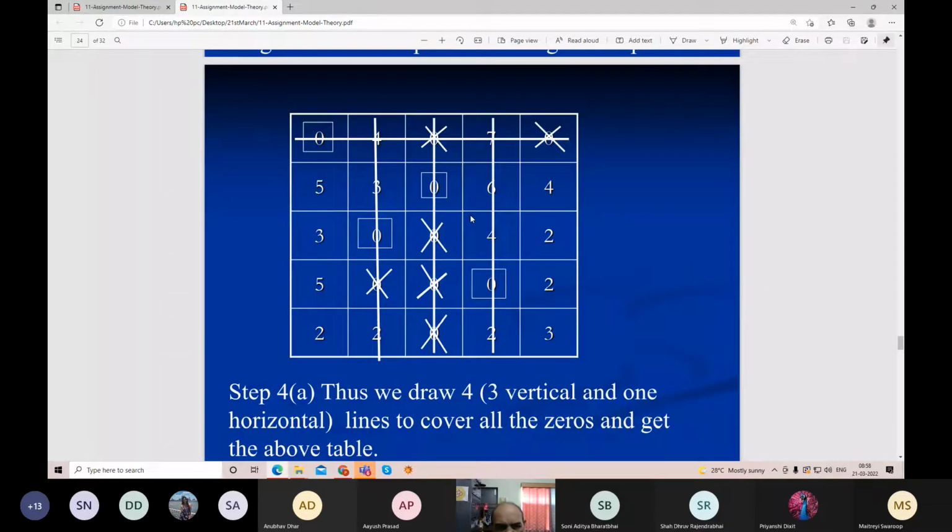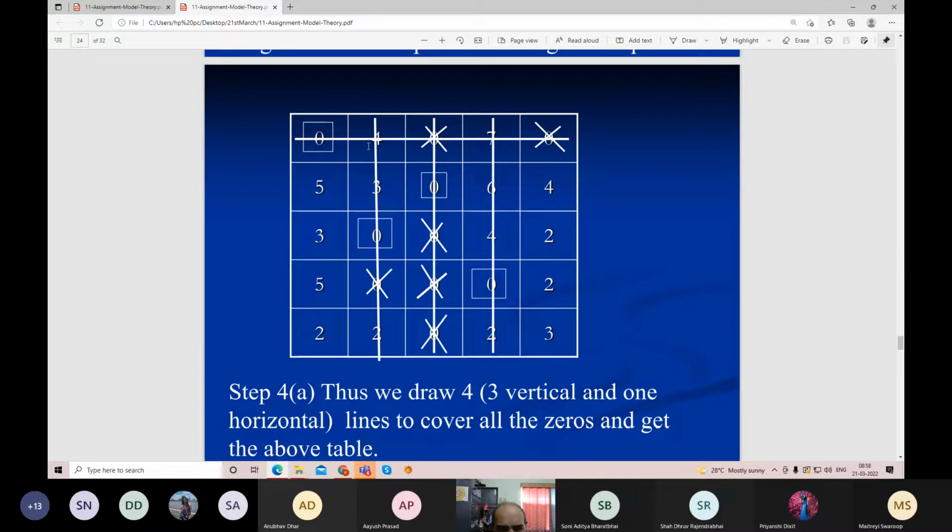3 vertical lines, 1 horizontal line. After that, whatever elements remain are known as uncovered elements. Among all the uncovered elements, 5, 3, 5, 2, 4, 2, 2, 3, minimum is 2. We subtract 2 from all the uncovered elements and we add that 2 at the crossing of the horizontal and vertical lines.